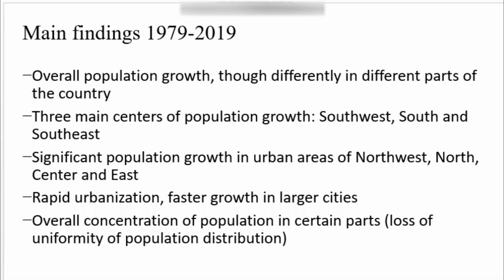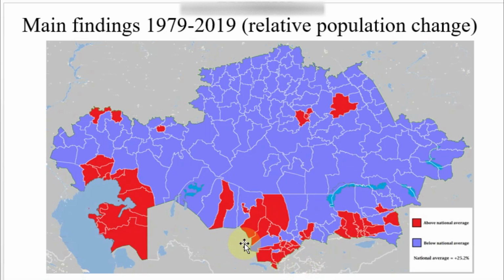And there have been some areas with very high population growth, as we have mentioned here. The main population growth centers are these areas. One is a bit in the southeastern part of the country, and the second one is here, and the third one is here.